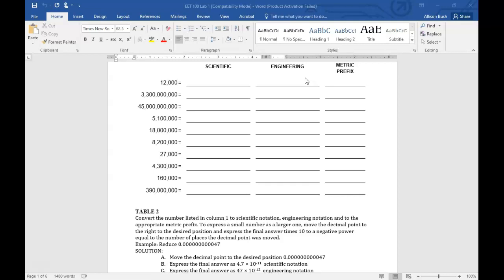So looking back at my engineering notation, does that fall between 1 and 999? It does. So thus, that is my engineering notation.